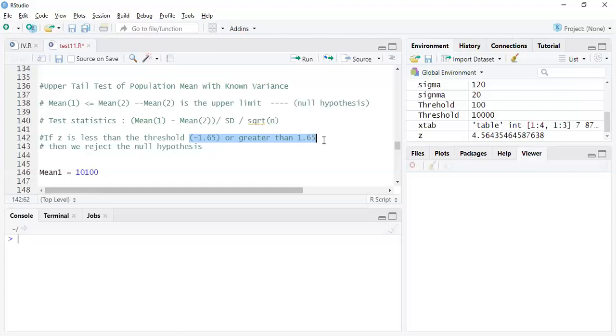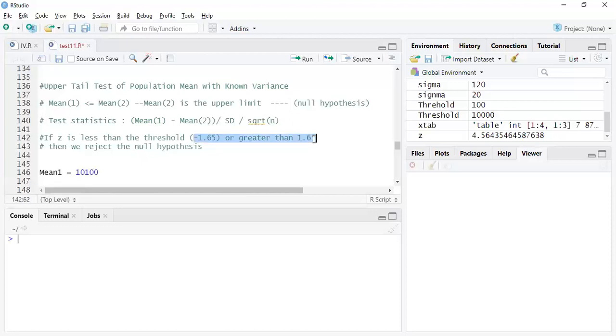In that case, the p-value, which you might have come across in many other tests, is less than 0.05. At the 95% confidence level, you reject the null hypothesis. Otherwise, you accept the null hypothesis, right? So that's the criterion here. And where are these values like 1.65 coming from?